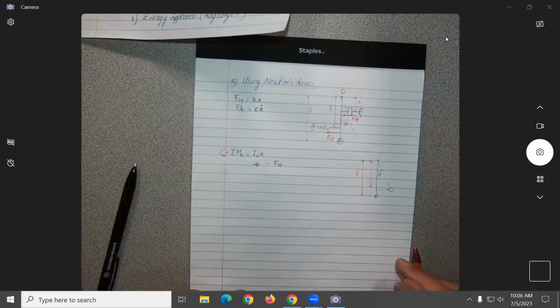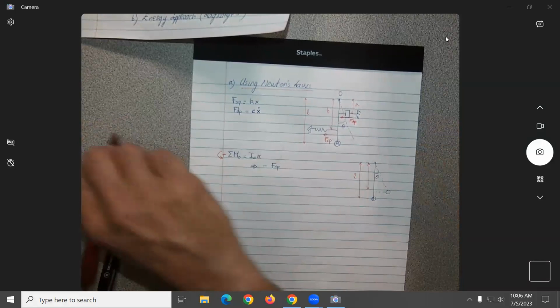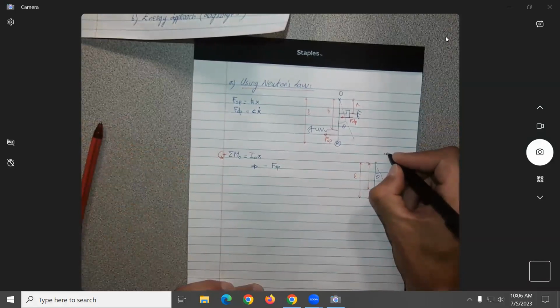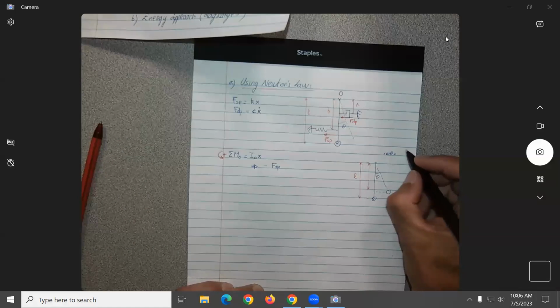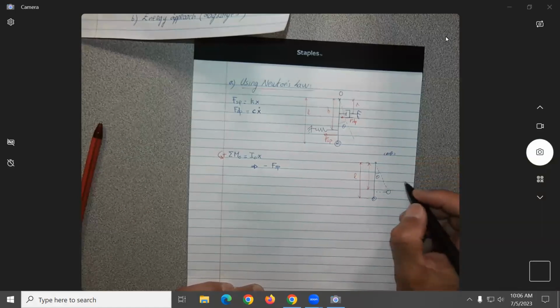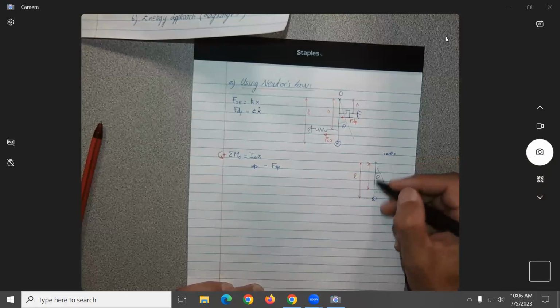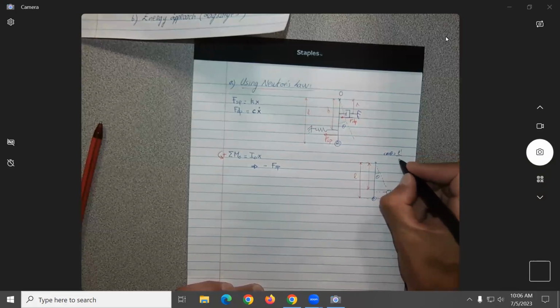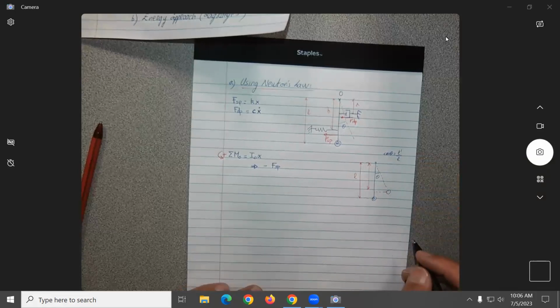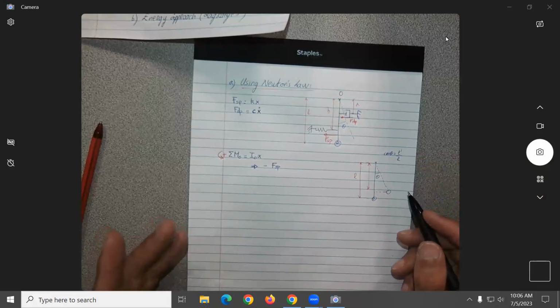So what will that one be? Okay, you're on the right direction. Cosine theta is equal to what? Whatever this is changing in height, let's say L prime divided by L, no? So what we were trying to find is L prime.